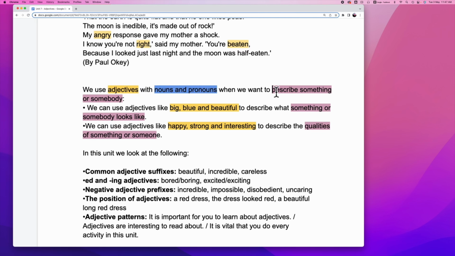When we want to describe something or somebody, something and somebody are all related to blue. So you can tell there are two colors: yellow and blue. For something and someone we use blue, and for adjectives we use yellow. Now, what's next?